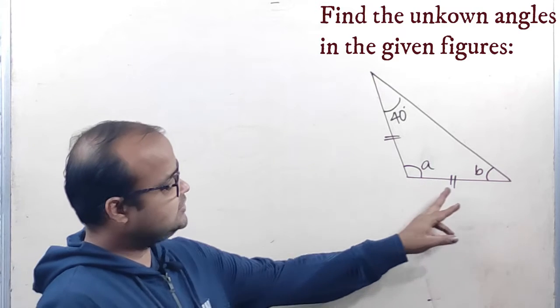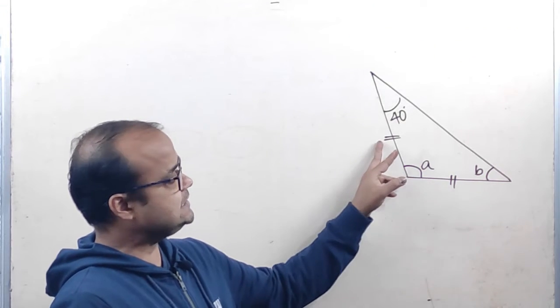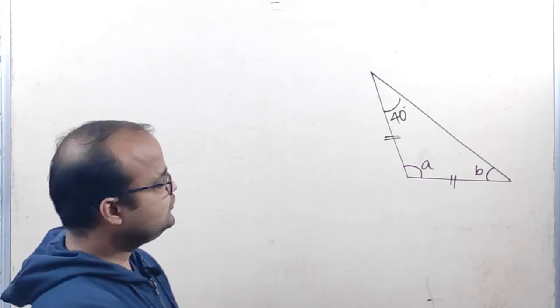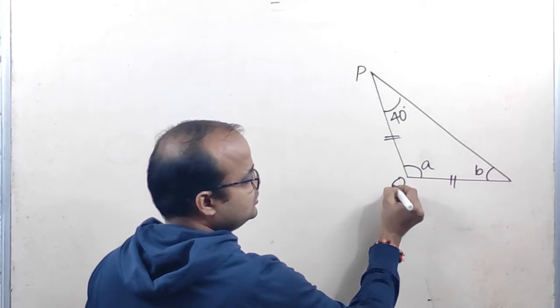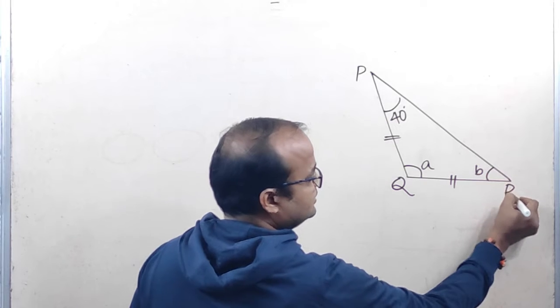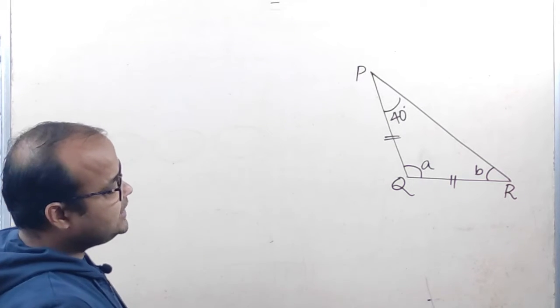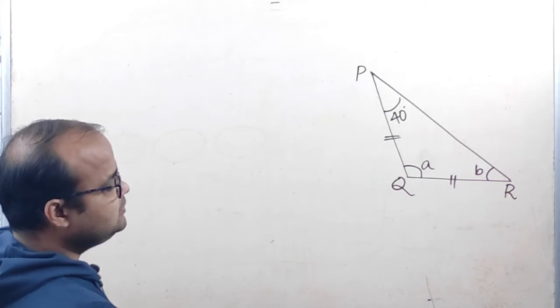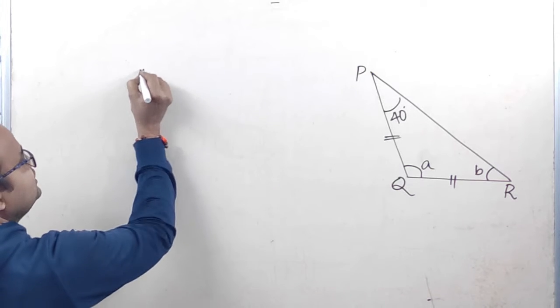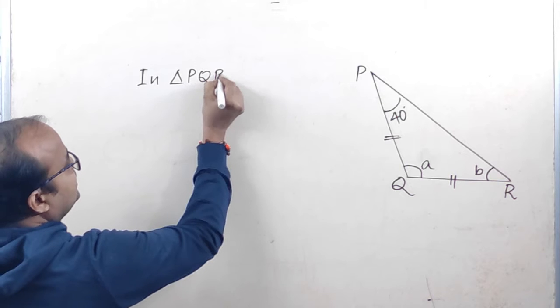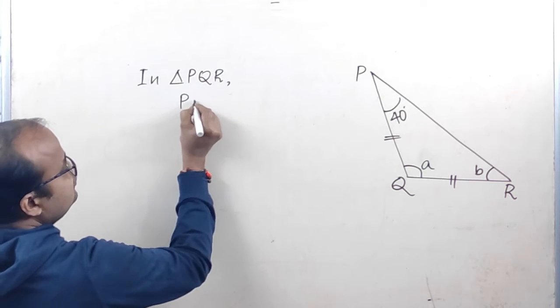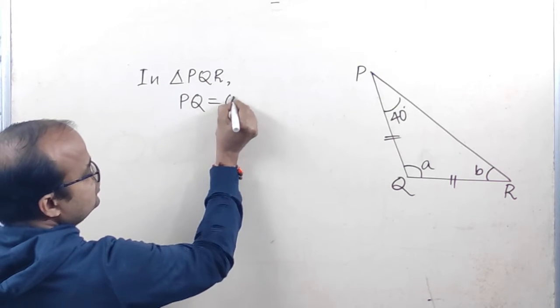A triangle is given to you. Two sides are given as equal. So first we name the vertices as P, Q and R. So in triangle PQR, PQ equals QR.